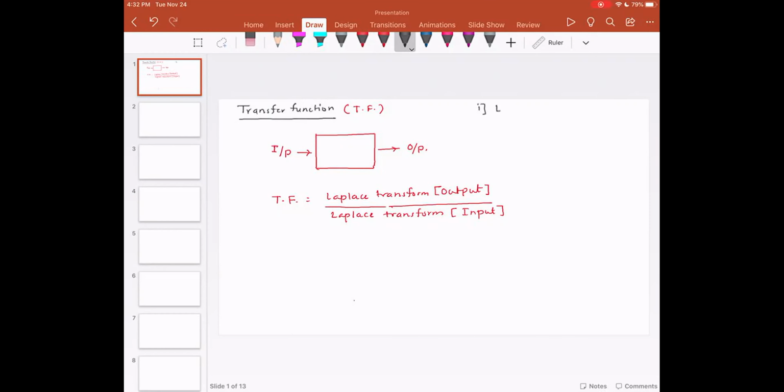In this class, we are going to study linear time invariant system. And Laplace transform is used in system analysis. Laplace transform is used for linear control theory analysis to understand the stability of the system and so on.